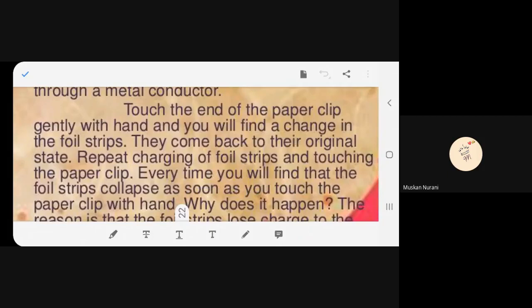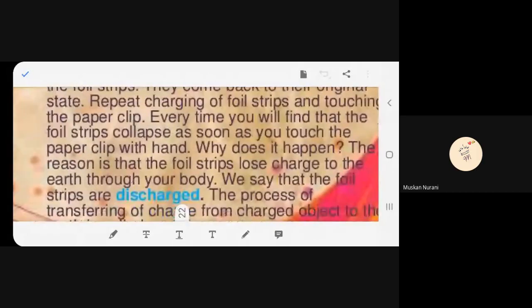You keep on charging this foil by touching the paper clip. And every time you touch the paper clip, the strips will collapse. And as soon as you touch the plastic refill to one end of the pin, they will go away from each other. You understood? So what is the reason? The foil strips lose the charge to the earth through your body, because we are standing on the floor.